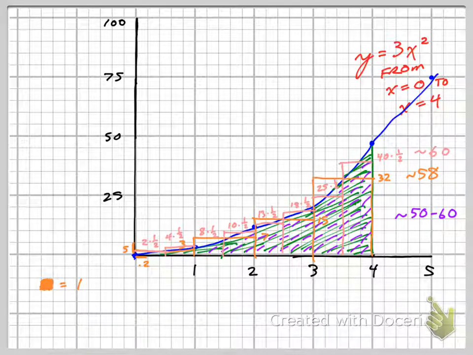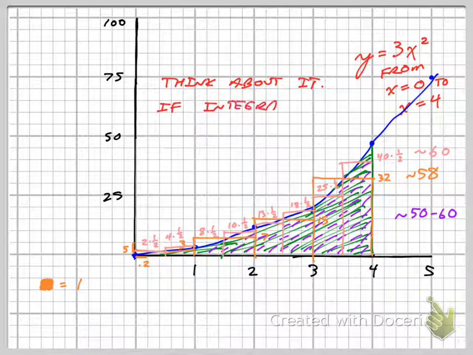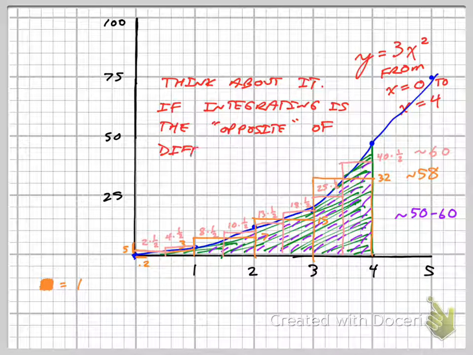And so I want you to think about it for a second. We talked about how to determine what the derivative was, and I've just told you, as you learned last year, that slope and derivative are kind of the opposite functions of area bound by the curve and the integral. And so if that's the case, if integrating this thing is kind of the opposite of differentiating or taking the derivative of it, then you might look at the function y equals 3x squared.